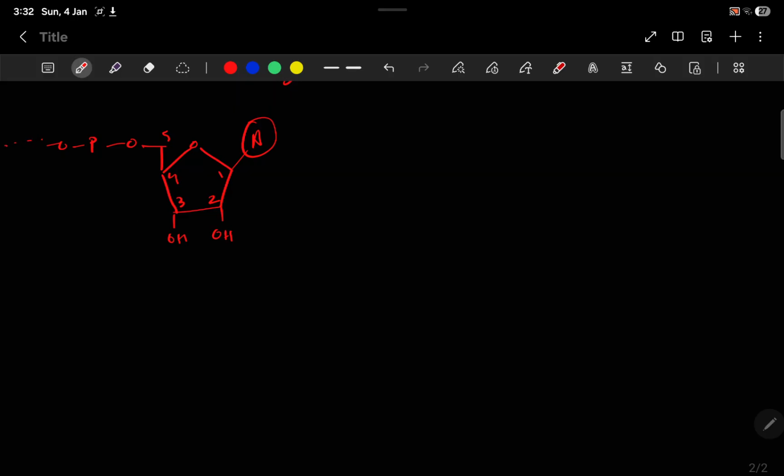And this is the last 3' end we got. Now we have another structure, that is our aminoacyl AMP. I would suggest you all learn to draw this structure because it is very useful.